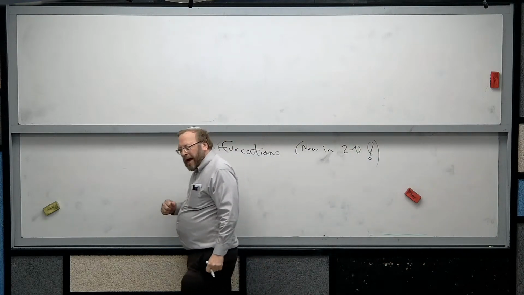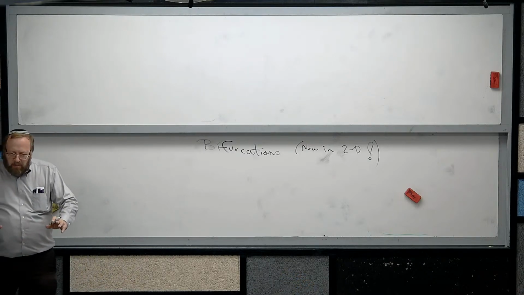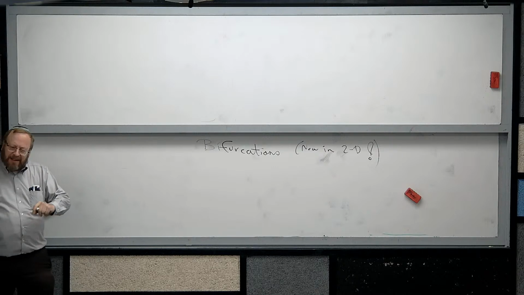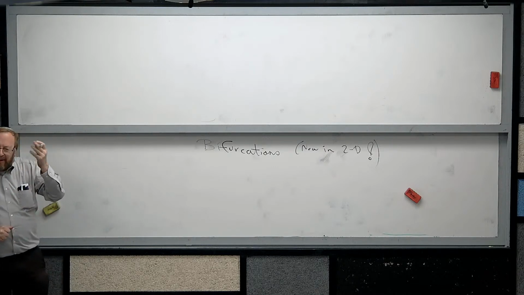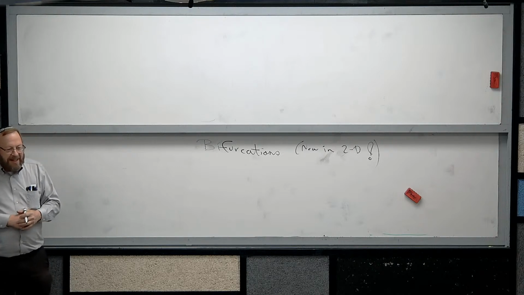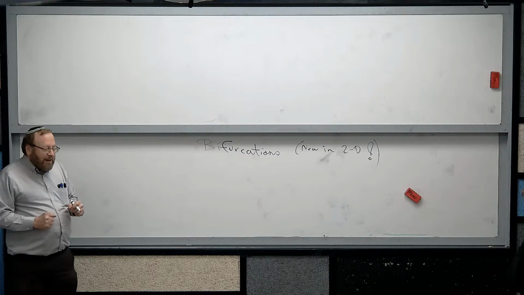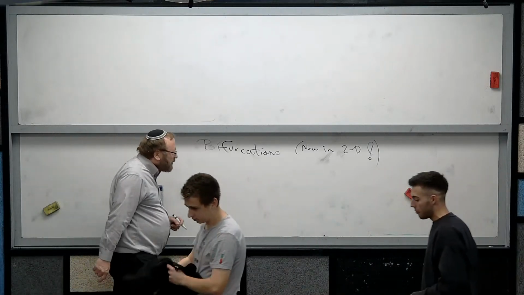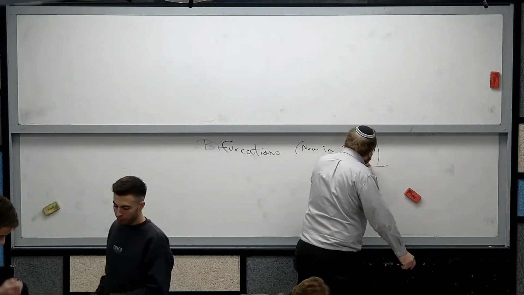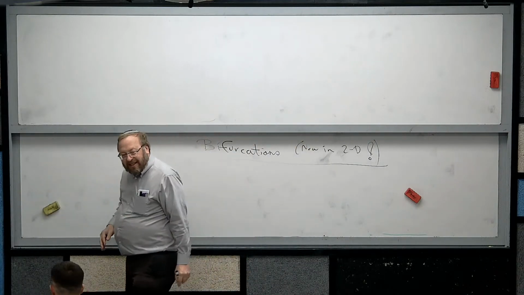So we're going back to bifurcations, and for the first part, we're just repeating everything we did in the previous lecture, except we're adding one dimension, where we did bifurcations in 1D, and now we're doing bifurcations in 2D. But for the first half of the lecture, there's no difference whatsoever.